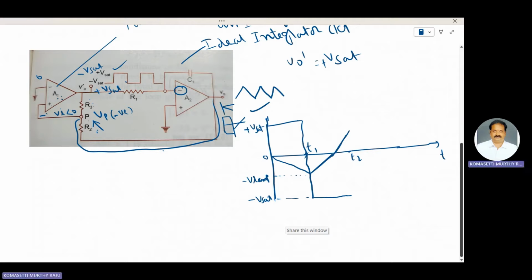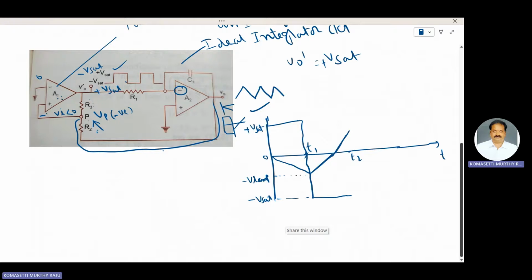0 volts means here VA is greater than 0. VA is positive compared to this 0 volts. The output A1 switches from minus V set to plus V set. This one is plus V ramp.